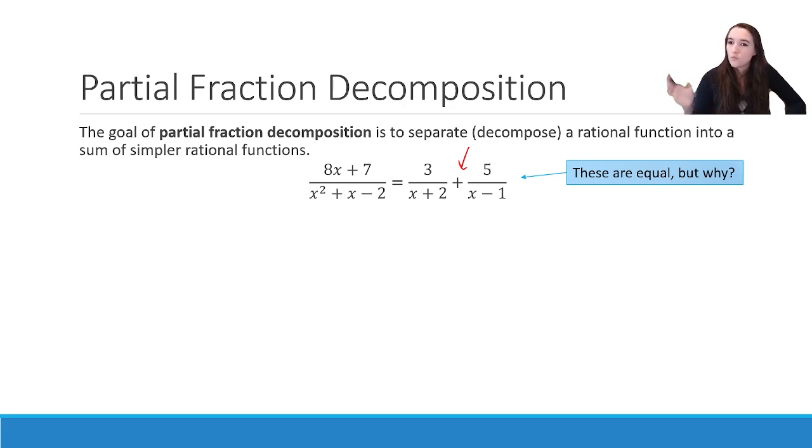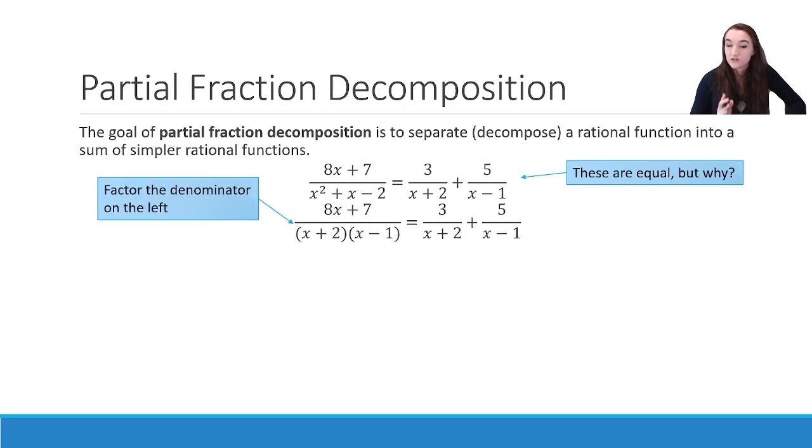So let's work our way backwards for a moment. I'm going to factor the denominator on the left side. It ends up being (x + 2)(x − 1), which should look a little bit familiar, right? It's the same denominator, so that's probably related.